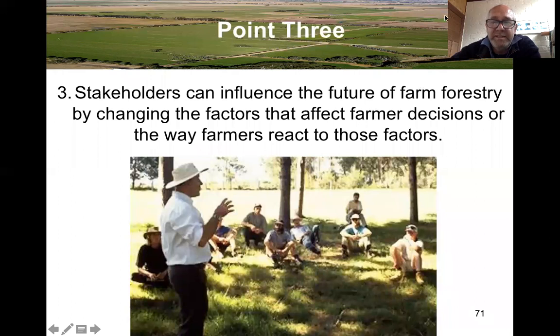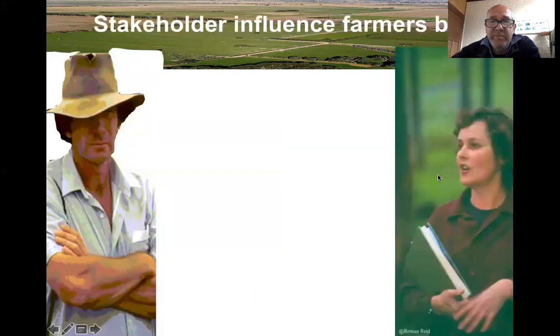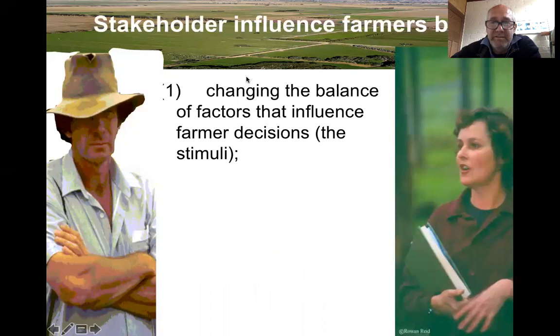My third point, you can influence what happens on a farm in many different ways. And this is important. Stakeholders have to identify what type of stakeholder they are, and then think about how they can change what actually happens in the landscape. You can change the balance of factors that influence the farmer's decisions, the stimuli.